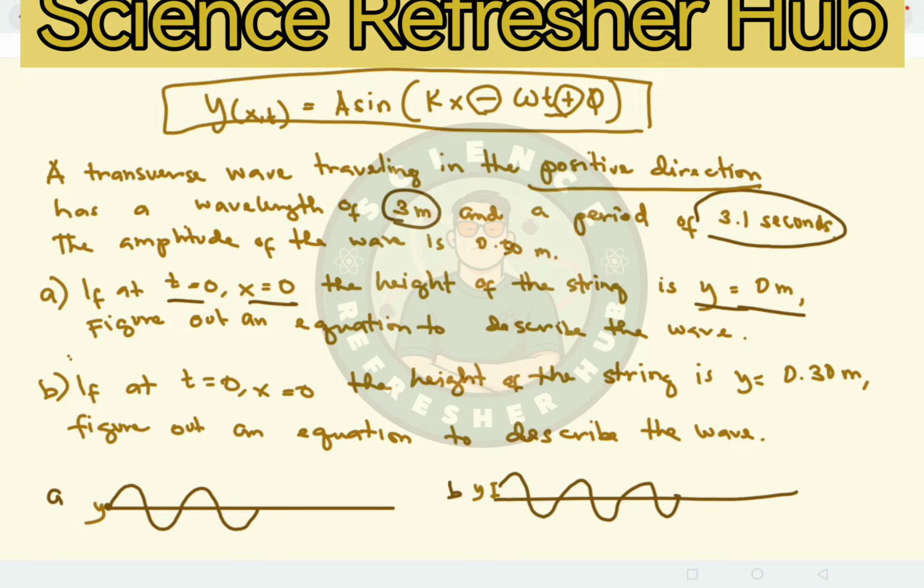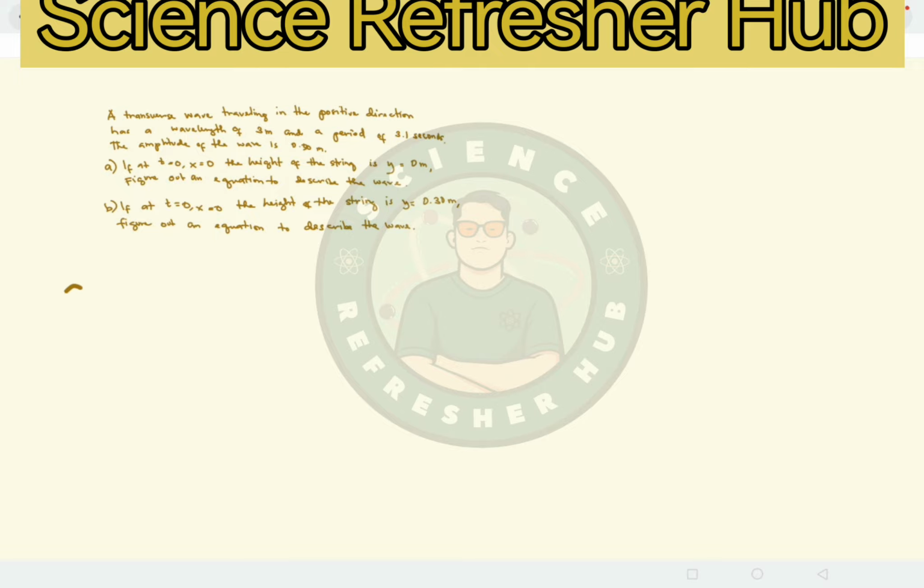If you have a negative sign here and a positive sign here, it's going to be going in the positive direction. But if you have kx positive, omega t positive, and then positive phi, this pertains to the negative direction. Please remember, positive direction, we have negative here and positive here. If this becomes positive and positive, it's going to be in the negative direction. Take note of that.